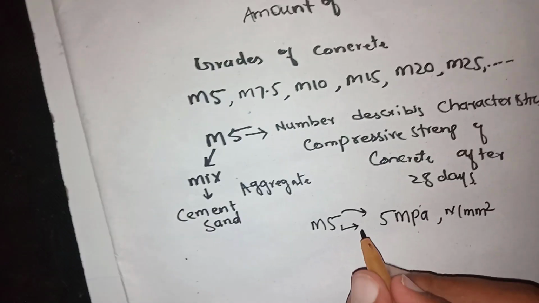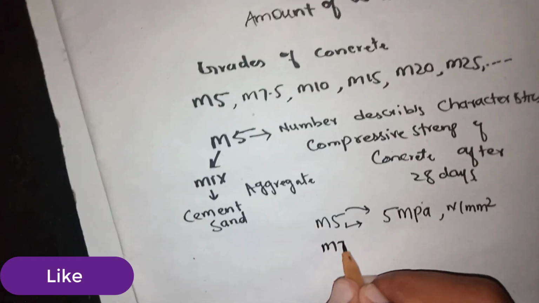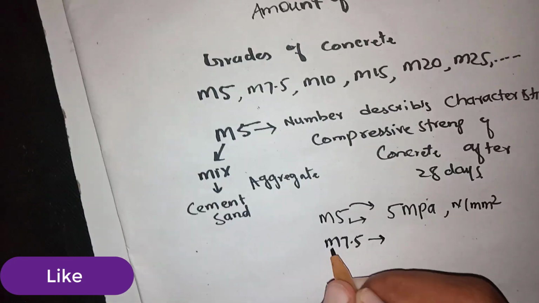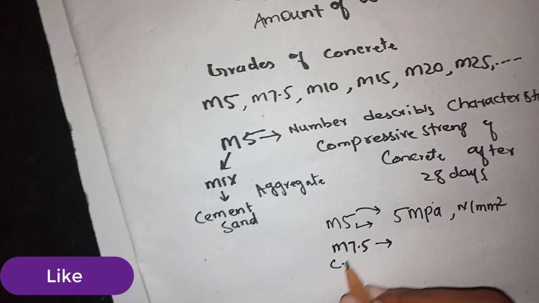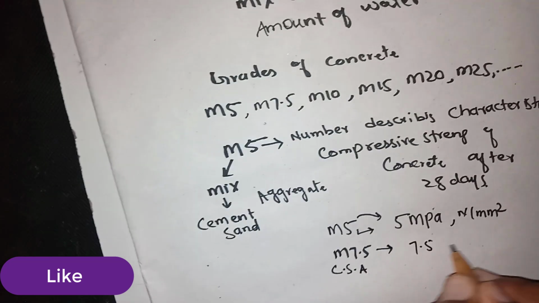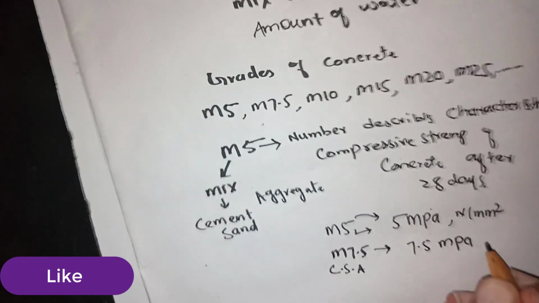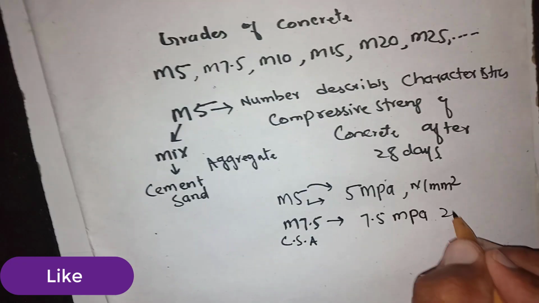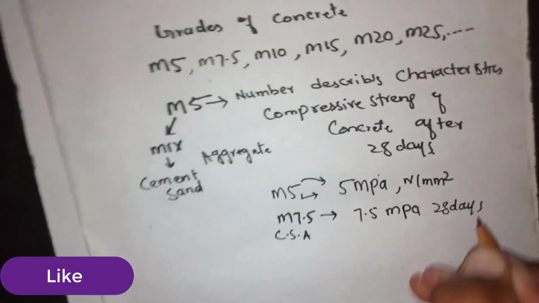So similarly for other grades, M7.5. Here what is M? M is mix of cement, sand and aggregate, while 7.5 is 7.5 megapascal compressive strength after 28 days.